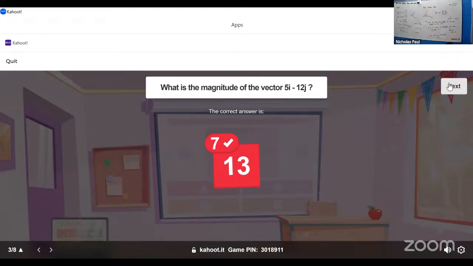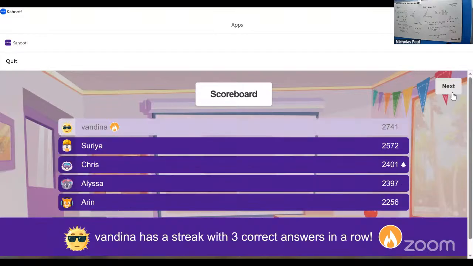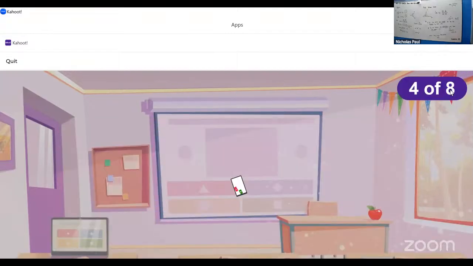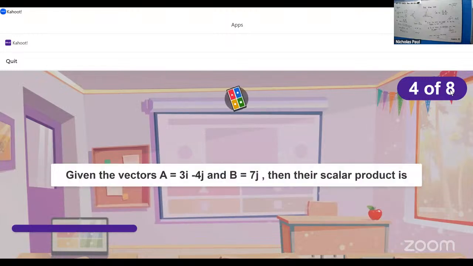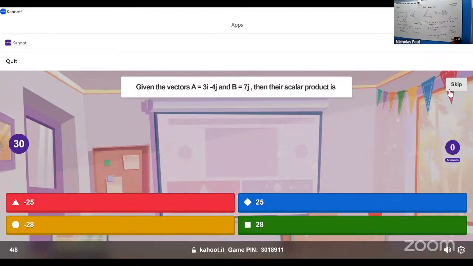Yes, square root of 169. Surely 144. Double points here. Scalar product, do that real fast. Faster, answer that.